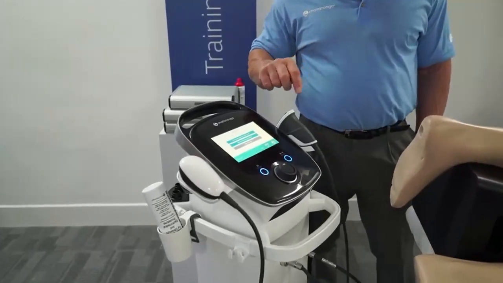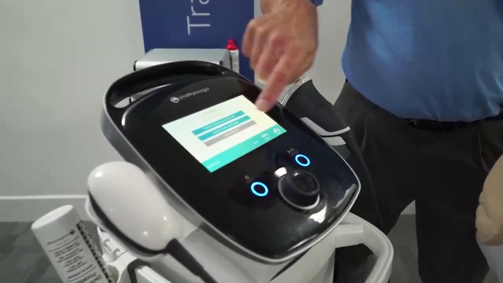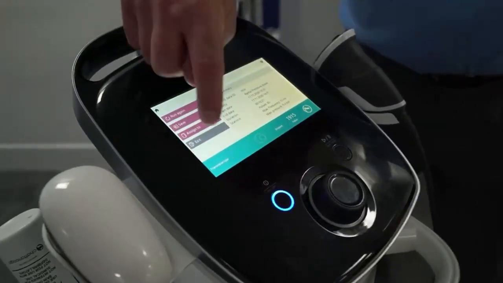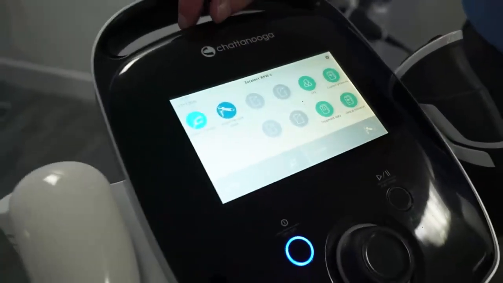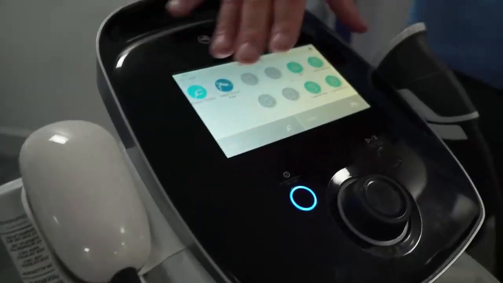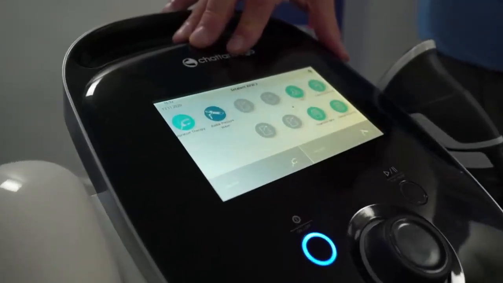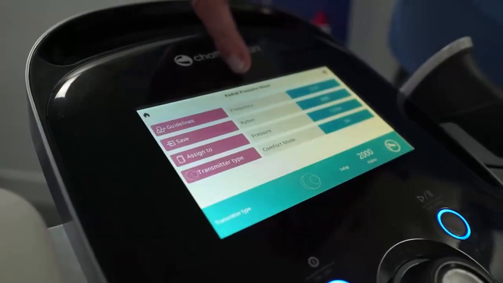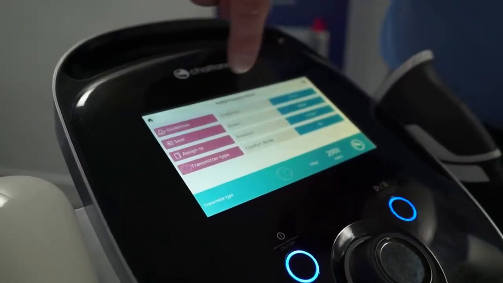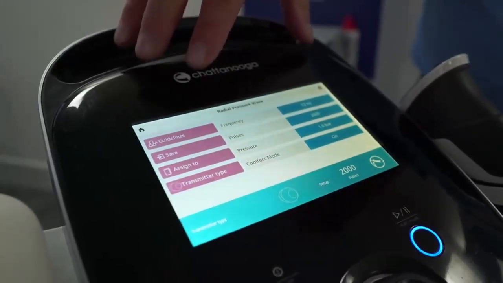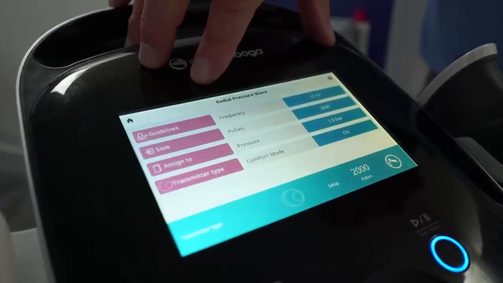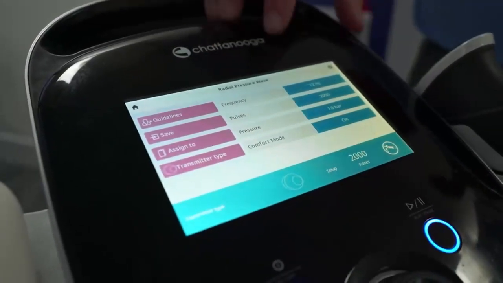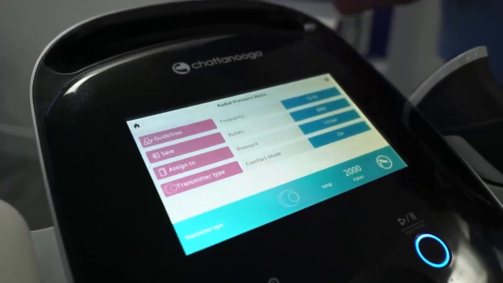If I just stop this so that our cameraman can see it all working. Okay, it's much more intuitive. Like before, I can store protocols and patient information on here, and I can Bluetooth that to the new Chattanooga app.